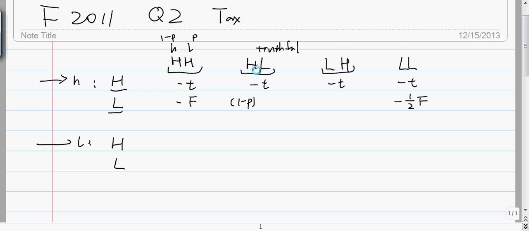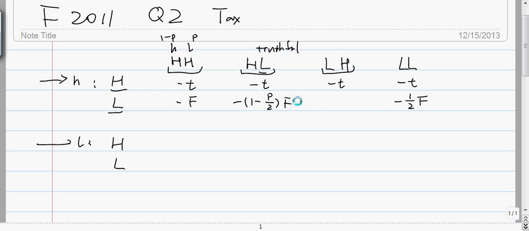In that case, I need to pay a fine of minus F. And similarly, there is P probability of the other guy being the low type, which reports being a low type here, which I will pay half of F. So if you simplify this, then you can get an expression minus 1 minus half P multiplied by F.